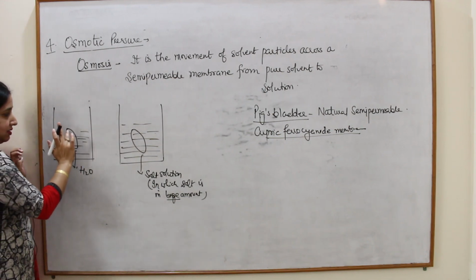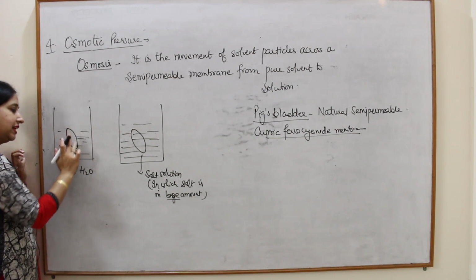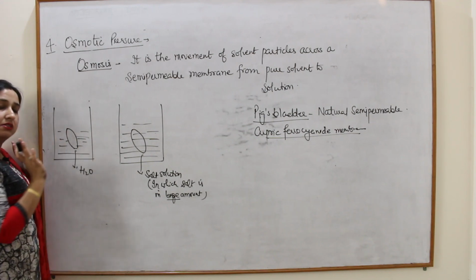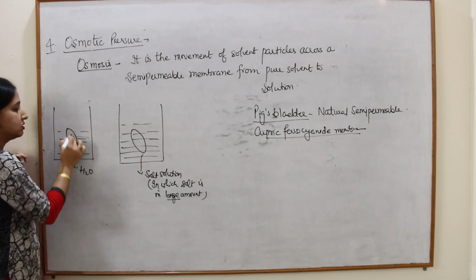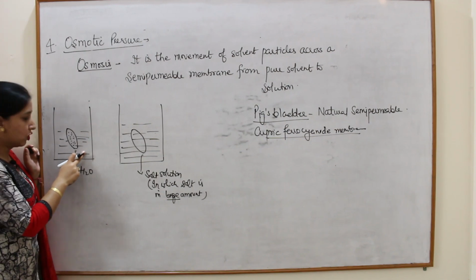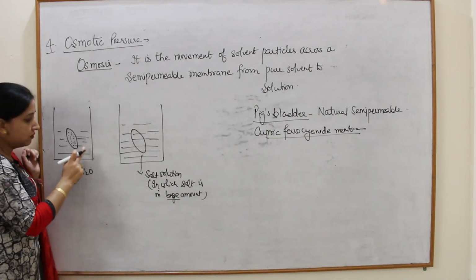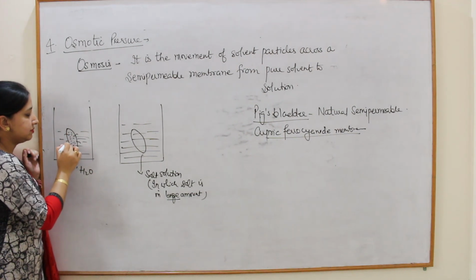Now in this case, egg has some material inside it, means some type of solution. So inside the egg there is some solution, and outside the egg there is pure water. So water will move from the vessel towards the egg.